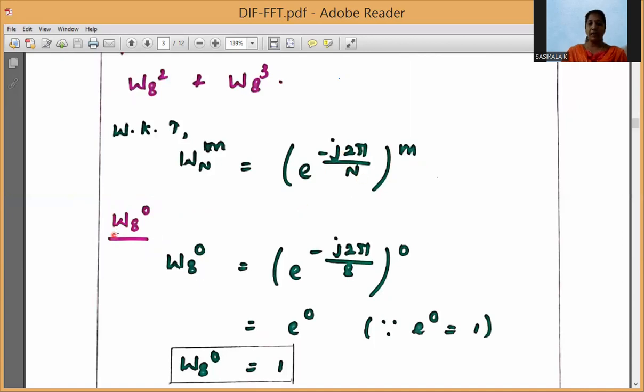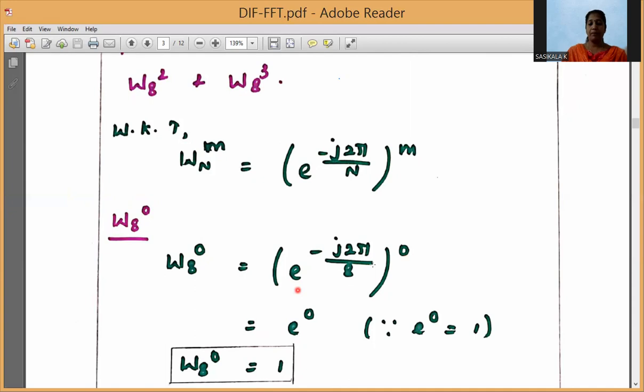First we need to calculate W8 power 0. Here capital N value is 8 and small m value is 0. So substitute the values here. So e power minus j 2 pi by 8, the whole power 0.